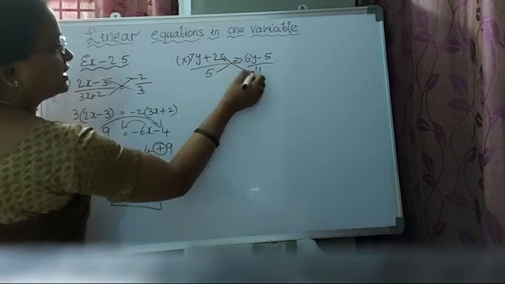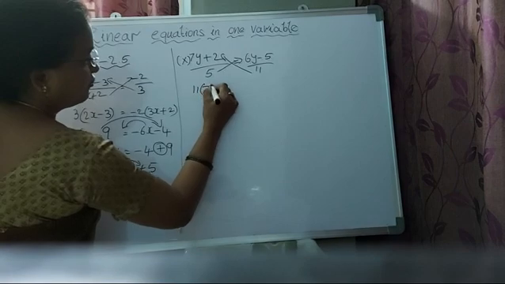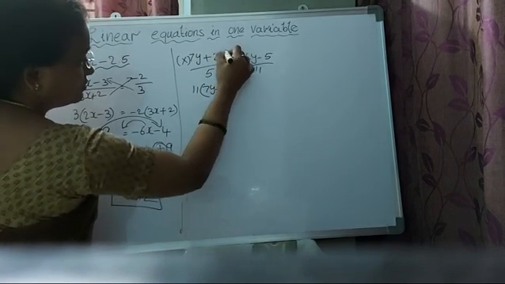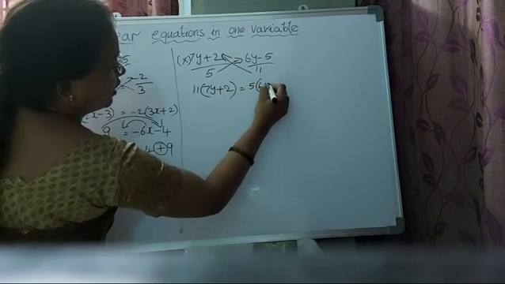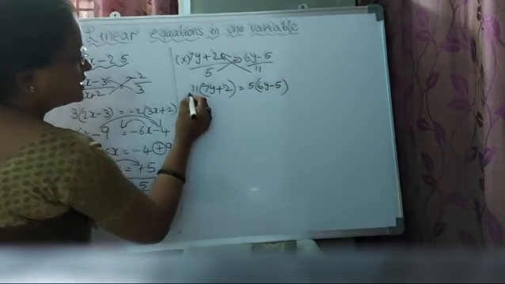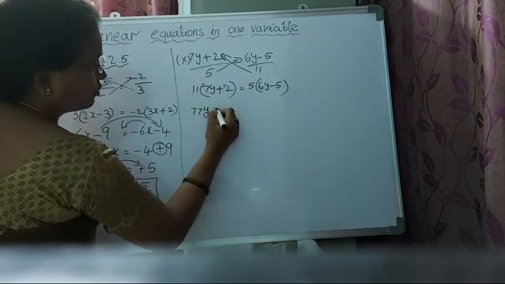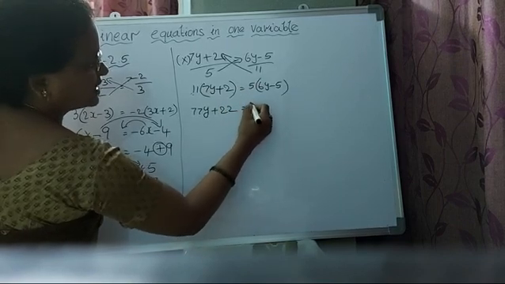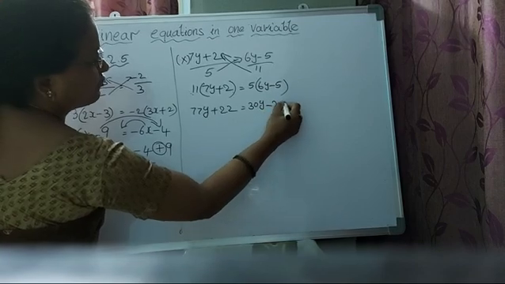With 11 you multiply 7y plus 2, is equal to, with 5 you multiply 6y minus 5. 11 into 7, 77y. 11 into 2, plus 11 2s are 22. 5 into 6, 5 6s are 30, 30y, minus 5 5s are 25.